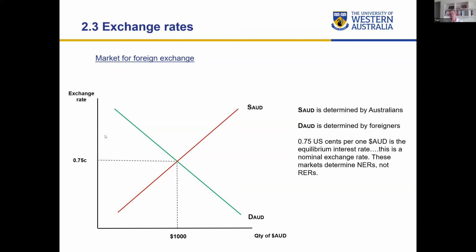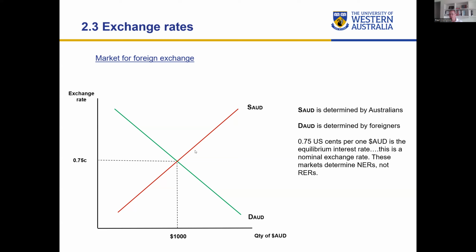The Australian dollar, as we move up this axis vertically, can buy more foreign currency per 1 unit of Australian dollar. And so therefore, foreign currencies become cheaper as the Aussie dollar appreciates, foreign goods and services become cheaper. So as an Australian, you'll supply more.